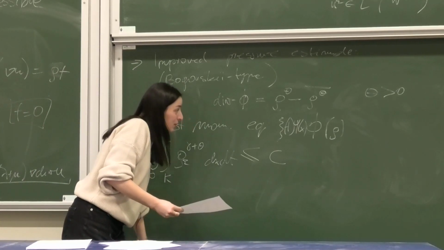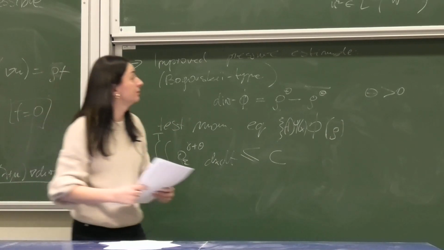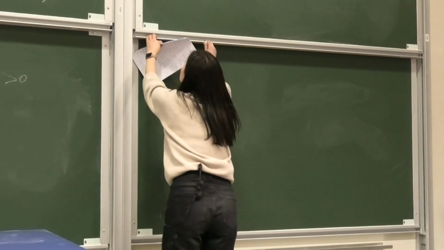All right. So what do we know right now? A passage to the limit with epsilon.